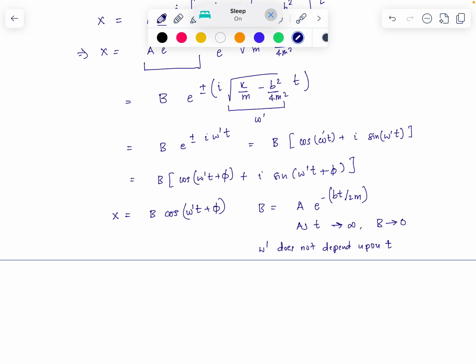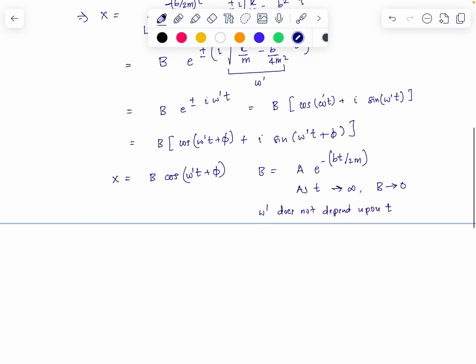So here, if you plot the amplitude as a function of time, what we will see is that the amplitude will decay as e to the power minus some constant times t, multiplied by a, where alpha is just b divided by 2m.